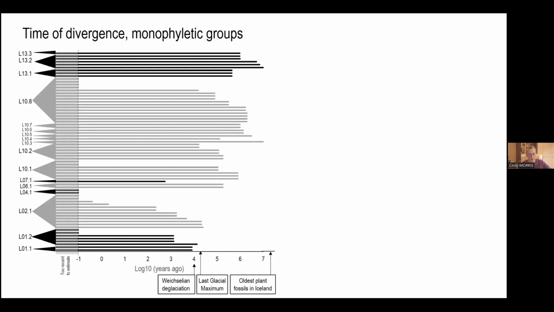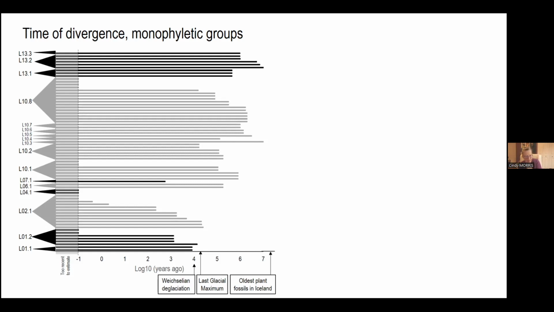So this is the length. Phylogroups 1 and 2 on the bottom are your main pathogens. 4 causes diseases to trees. 7 is Pseudomonas syringae. 10 and 13 tend to be ones that don't cause disease and you find only in the environment. And so I put them on a time scale in log base years.